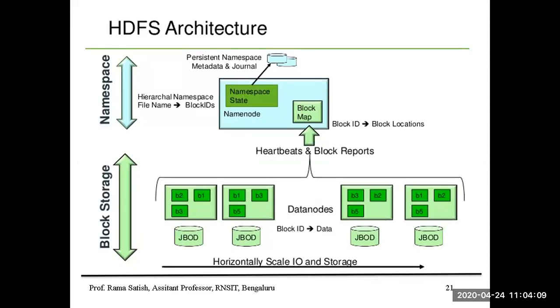This block map holds all the block report and heartbeat information. If a particular data node doesn't send the heartbeat, the name node understands, oh, there is a problem with that particular data node, the entire data node has crashed. So what happens? Immediately it refers to the namespace, which contains all the metadata. For example, take data node 1, data node 2, data node 3, data node 4, data node 5.